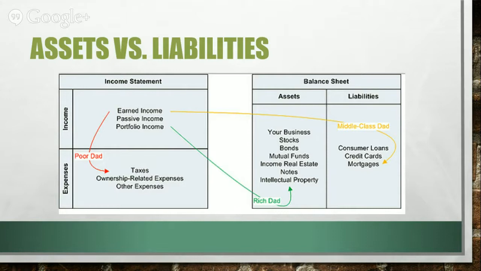Liabilities are things that we actually think are assets. It could be our house payment, it could be our car. Those are all liabilities simply because the definition of an asset is something that creates positive cash flow for you.